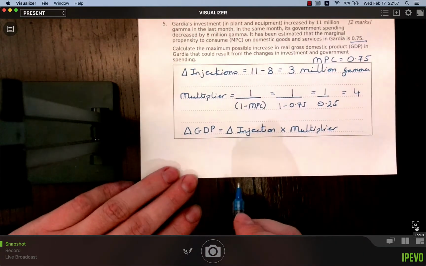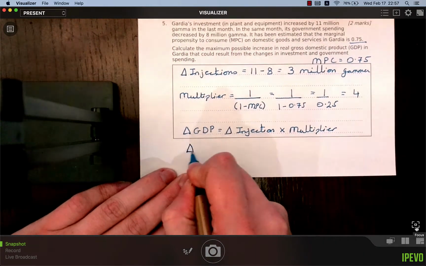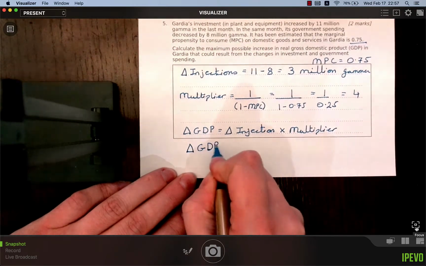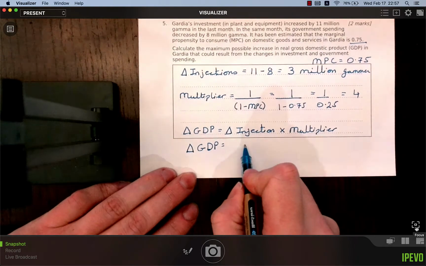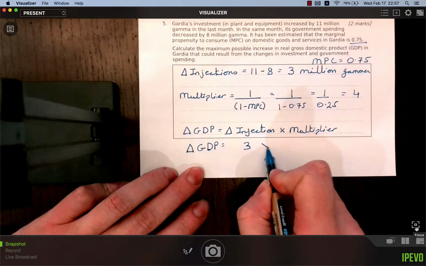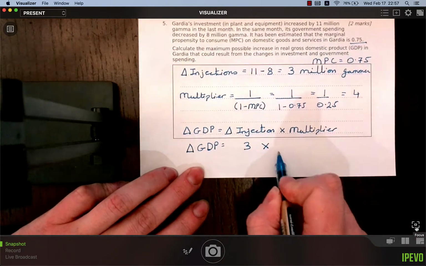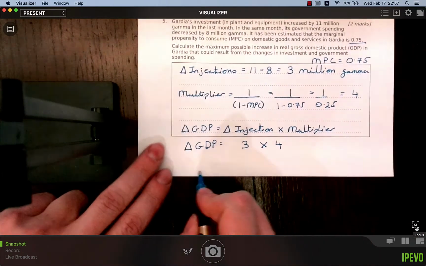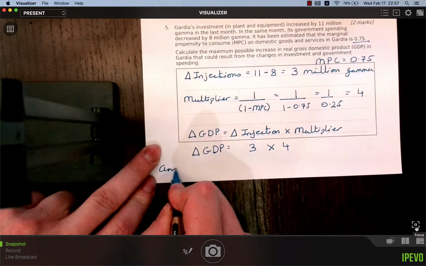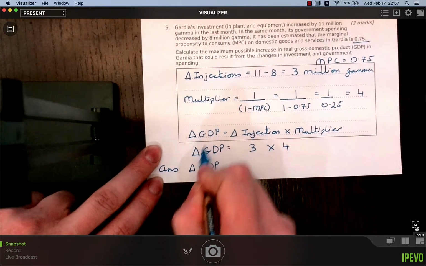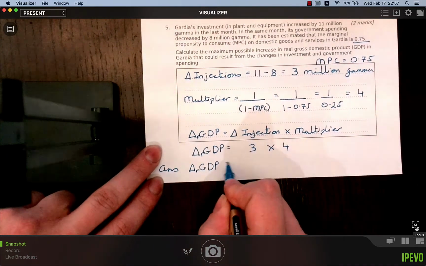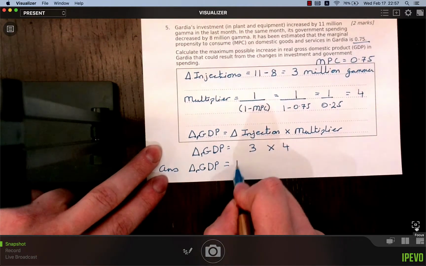The change in real GDP, assuming none of this caused any inflation, is the change in injection, which is 3, multiplied by the multiplier, which is 4. Answer: the maximum possible change in real GDP is 12 million gamma.